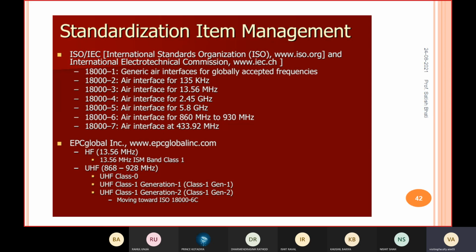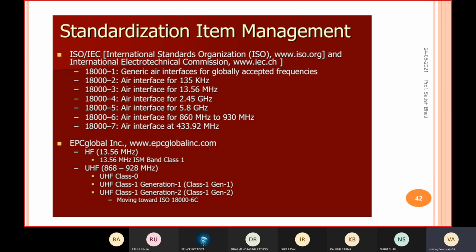Then the one standard which is widely used, nowadays most of the time whatever RFID system you find, they are using the EPC, right? EPC is given by EPC Global Inc., right?